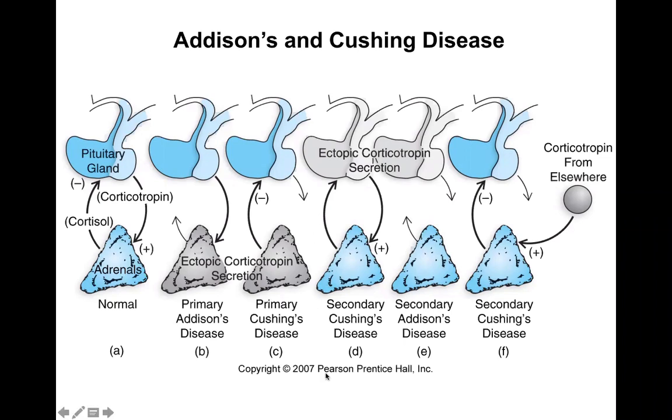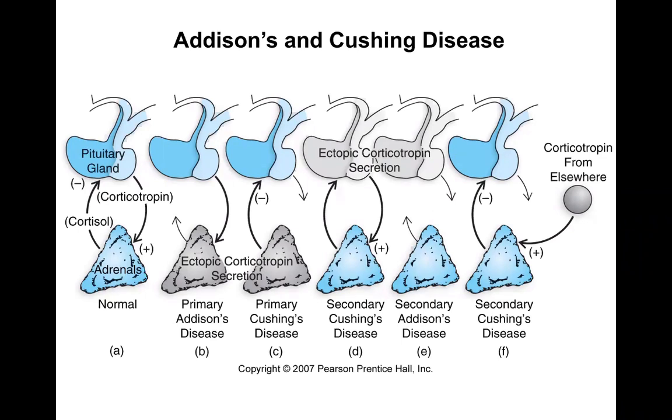On the other hand, if we go to the secondary Cushing disease, you will see it can work both ways. It can be that the excess cortisol production affects the ACTH production, or it can also be affected at the hypothalamic level.